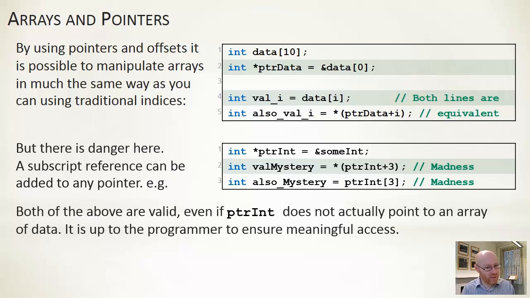The fundamental observation is that under the scenes, the compiler is happy to interpret a pointer as an array and an array as a pointer. It doesn't really make any distinction between the two, and anytime we add on our array offset, it's interpreted as a form of pointer arithmetic.